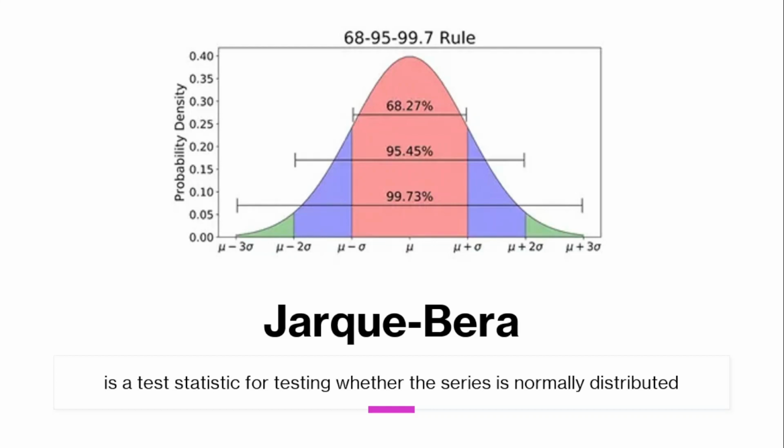Under the null hypothesis, this test considers that the data is normally distributed, and if the probability value is less than 5%, this means that your data is not normally distributed and the null hypothesis is rejected.